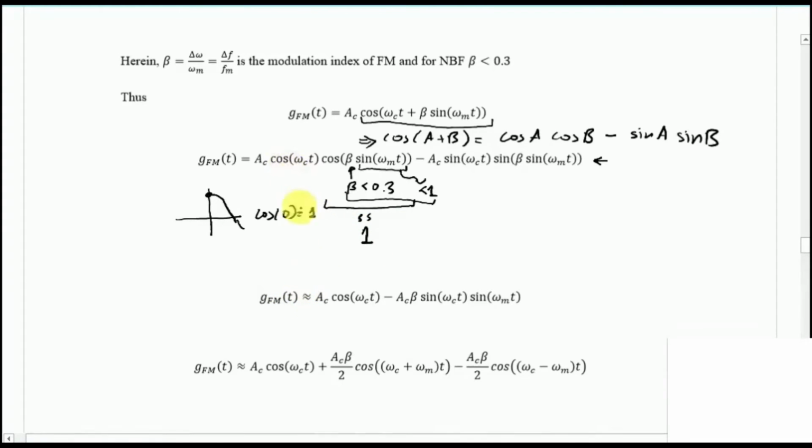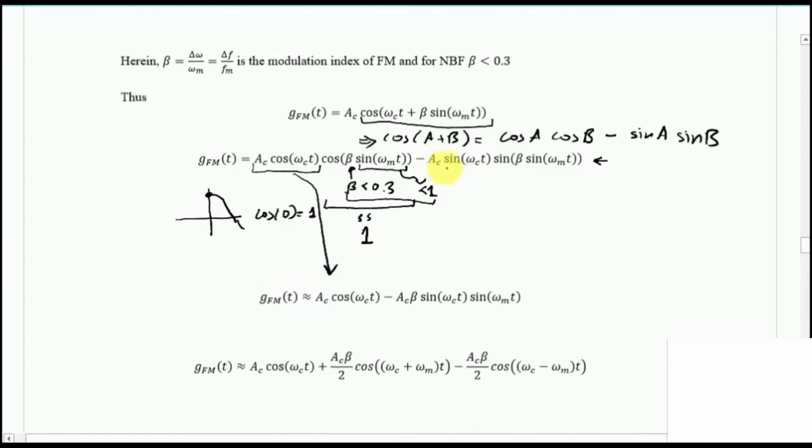That's why in this expression we have A_C cos(ω_c t), whereas we have normalized the second function. You can note that this is an approximation, so we can change the equality to an approximation here. A thing that we have done previously when we expanded the Taylor series and cancelled the higher order terms.